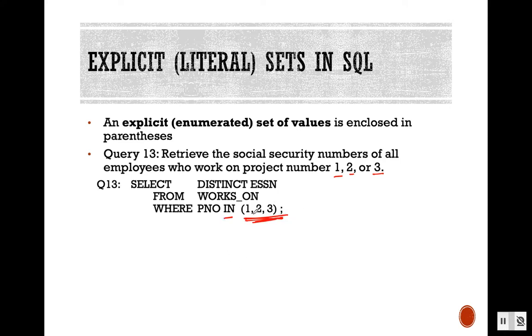So PNO in (1, 2, 3) means this is going to find the SSN from the works on table where PNO is in 1, 2, 3. If the PNO is any one of these values, this is going to return true, so this is going to return that ESSN value from the works on table.